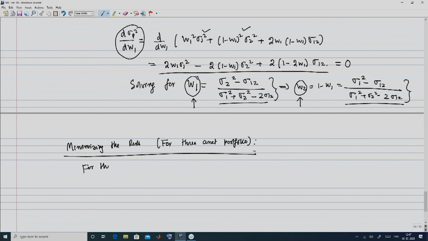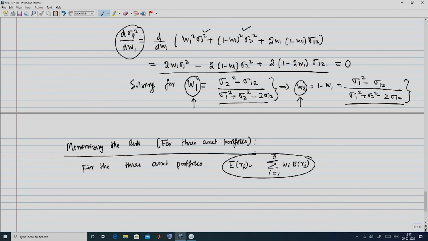So, for the 3 asset portfolio, you recall that E[Rp] is going to be the summation of Wi E[Ri], with i equal to 1 to 3.